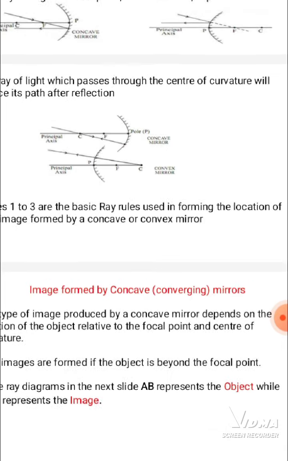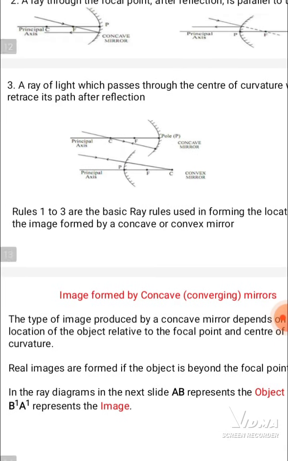So what you have in this case is that you have a ray. This is the ray which passes through the center of curvature C and hitting the mirror. What happens in this case is that it will have to retrace its path. That's why you have a to and fro arrow. As you can see, this arrow pointing towards the reflecting surface.